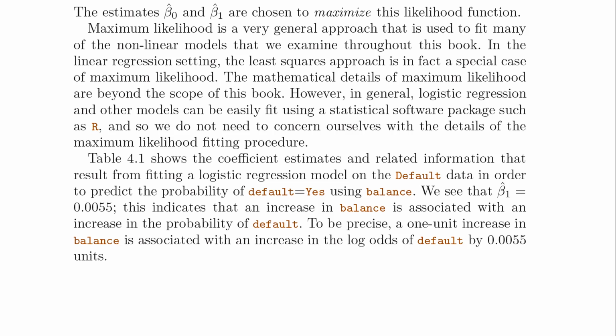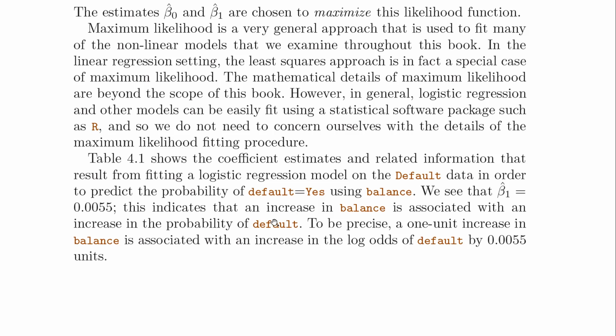We see that beta 1 hat is that value, and it's not 0. We're going to go back to the same themes that we had in chapter 3. Is this statistically significant? This indicates that an increase in balance is associated with an increase in probability of default.